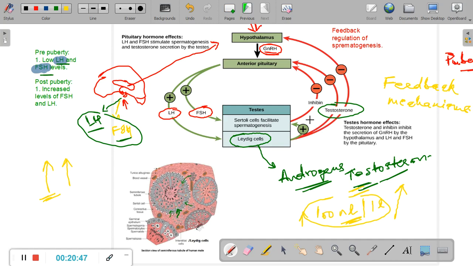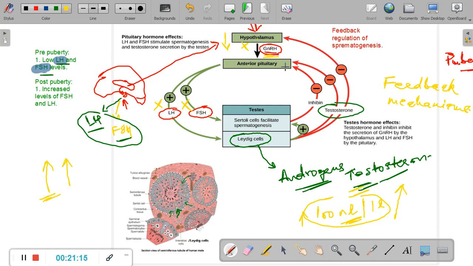If the amount is exceeded beyond this, the testosterone now exerts a negative feedback on the hypothalamus and anterior pituitary. What it means is that testosterone tells the anterior pituitary, see, my amount has exceeded beyond my fixed level, and now you should stop producing LH and FSH. Not only this, the testosterone also tells the hypothalamus to stop making or reduce the amount of GnRH produced.